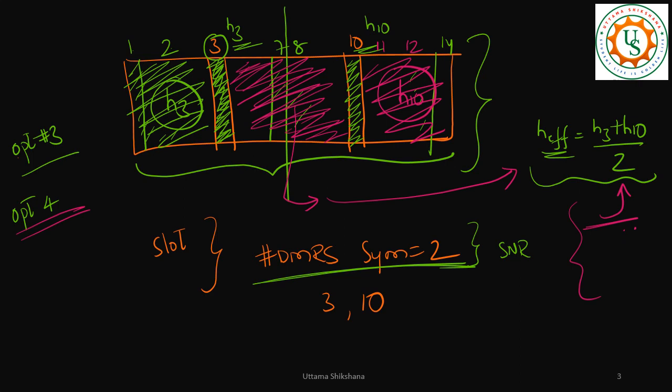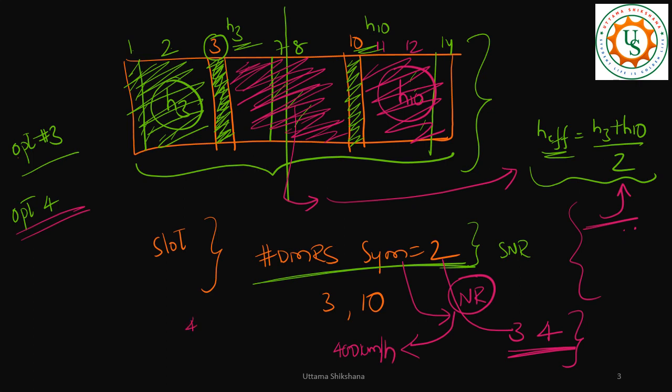All right, what other options do we have? Sometimes, in case of NR or 5G, we have the option to go for the number of DMRS symbols equal to 3, or equal to 4. So under the high speed case, especially in 5G NR, we are planning to support up to high speed trains, meaning bullet trains, around 400 kilometers per hour, right?